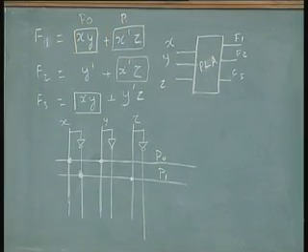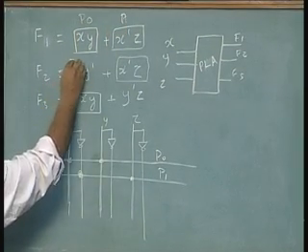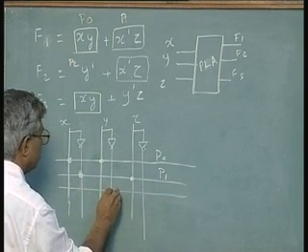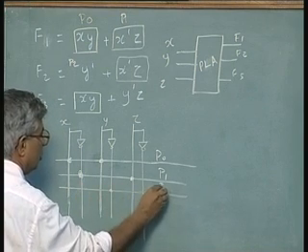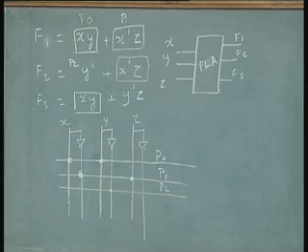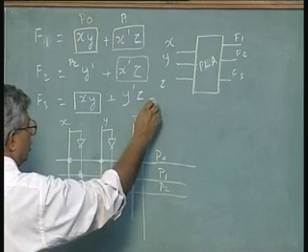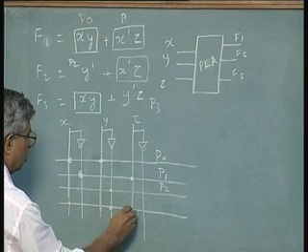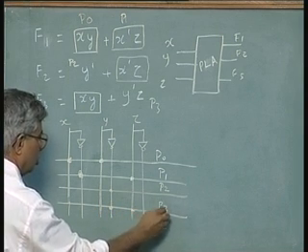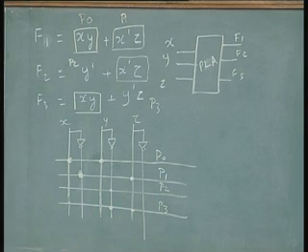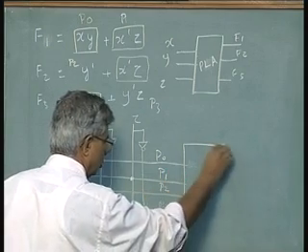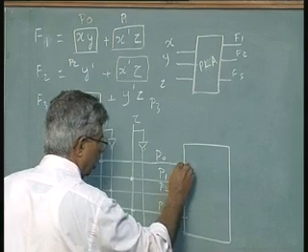I am going to call this P2, y bar, and this will be my P3, y bar z. So 4 product terms P0, P1, P2, P3 feeding into 3 OR gates.